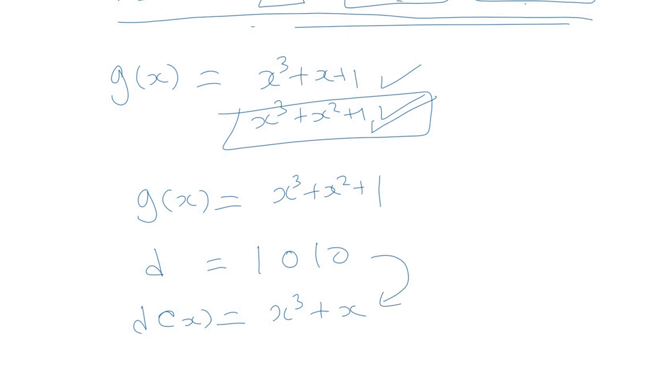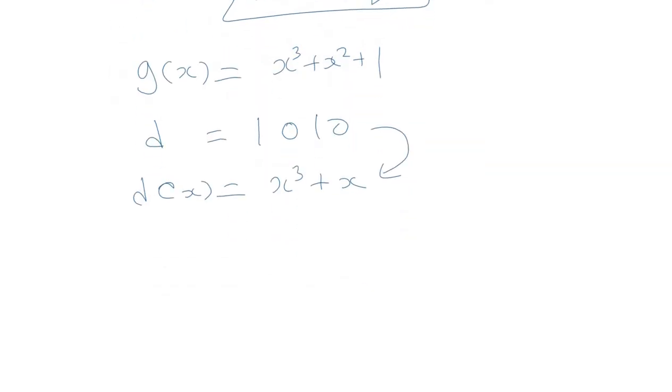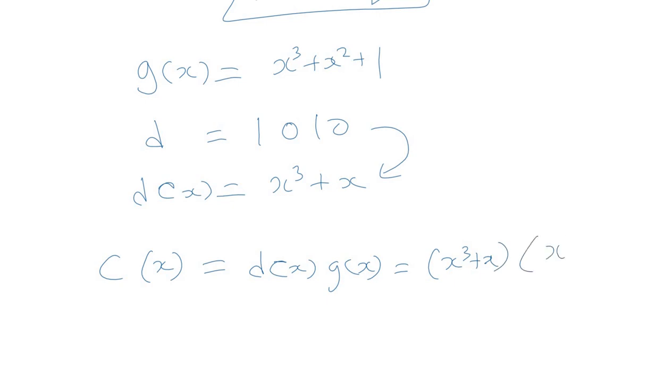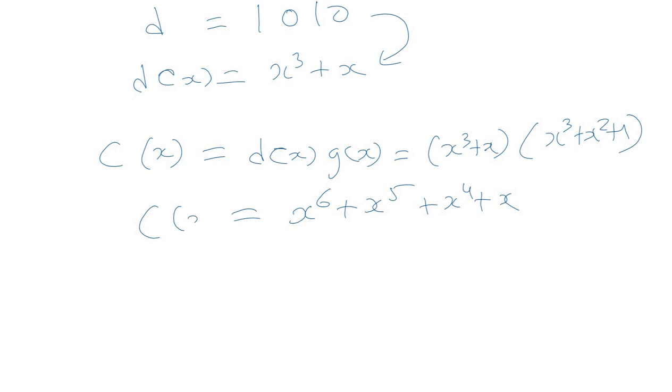The code polynomial C of x will be equal to D of x into G of x, that is x cube plus x into x cube plus x square plus 1, which comes out to be x raised to power 6 plus x raised to power 5 plus x. This is the code polynomial. So the corresponding code vector C will be 1 1 1 0 0 1 0.